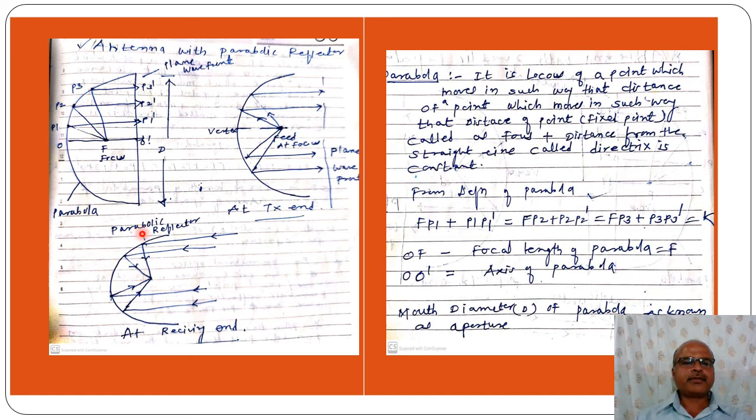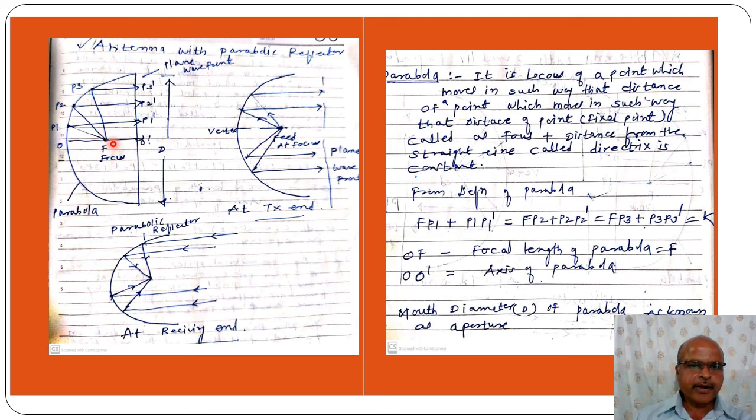So this is a simple structure, that is the antenna with parabolic reflector, and from this figure we can easily explain how this parabolic reflector is useful in this antenna. So consider this figure. This is a paraboloid.